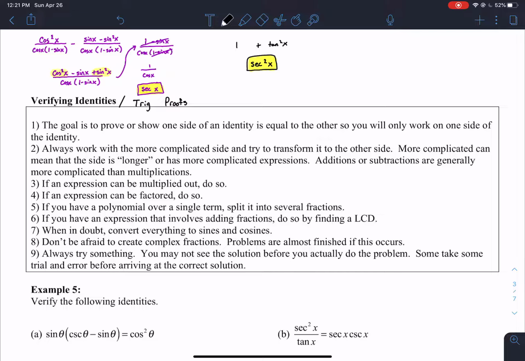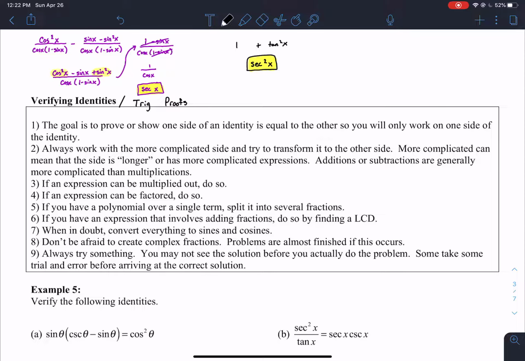I'm sure that sounds a little funny, but the side that looks more complicated has more information for you to use, and it'll help you simplify more. If you use the less complicated side, you're going to get stuck. There's only so far you can go before you can't go any further. So typically use the side that looks longer or more complicated.